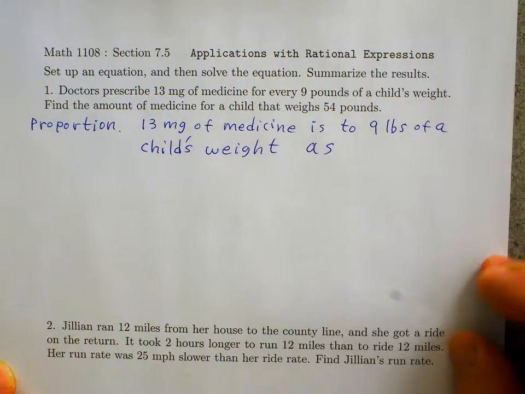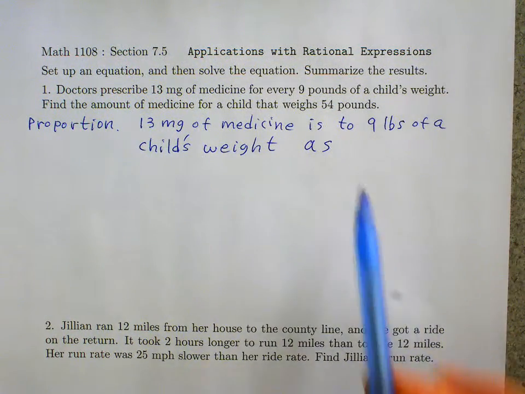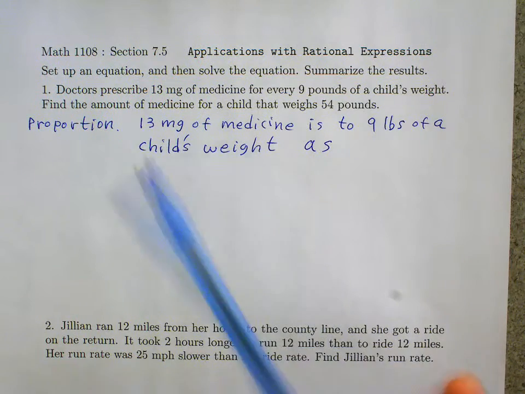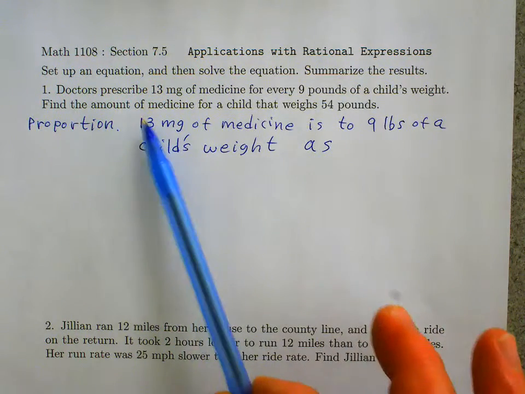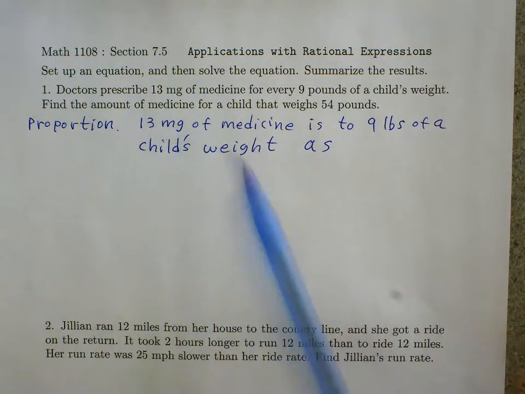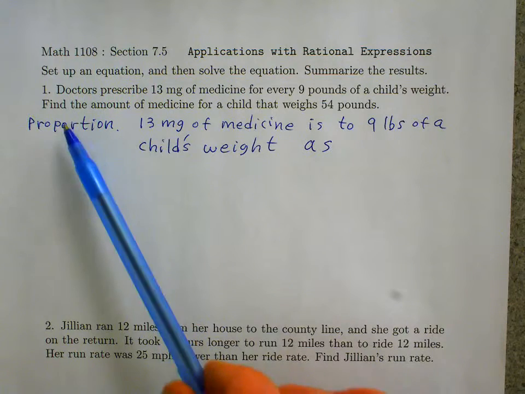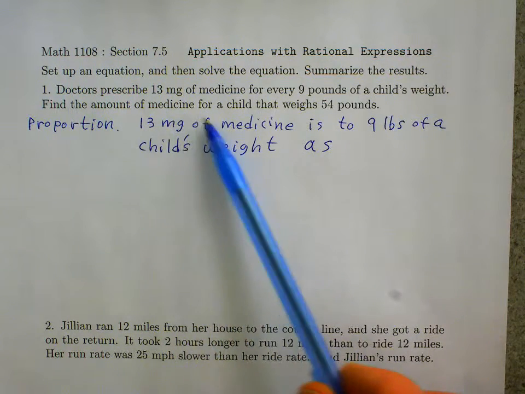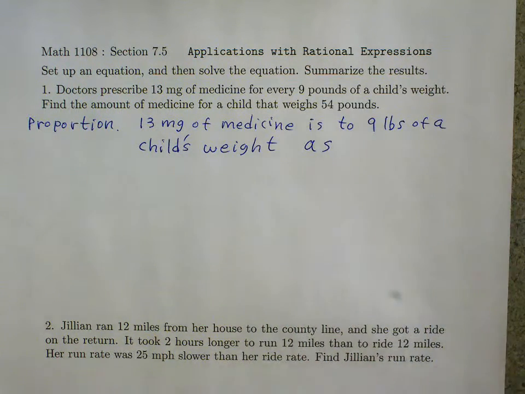We'll fill in the next part based upon what we're supposed to find in the second sentence. It says, find the amount of medicine for a child that weighs 54 pounds.